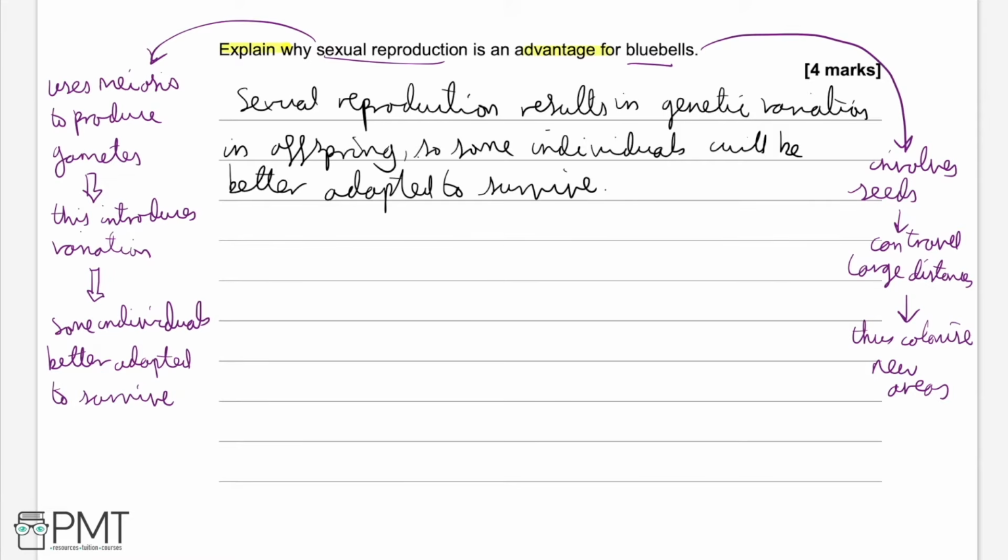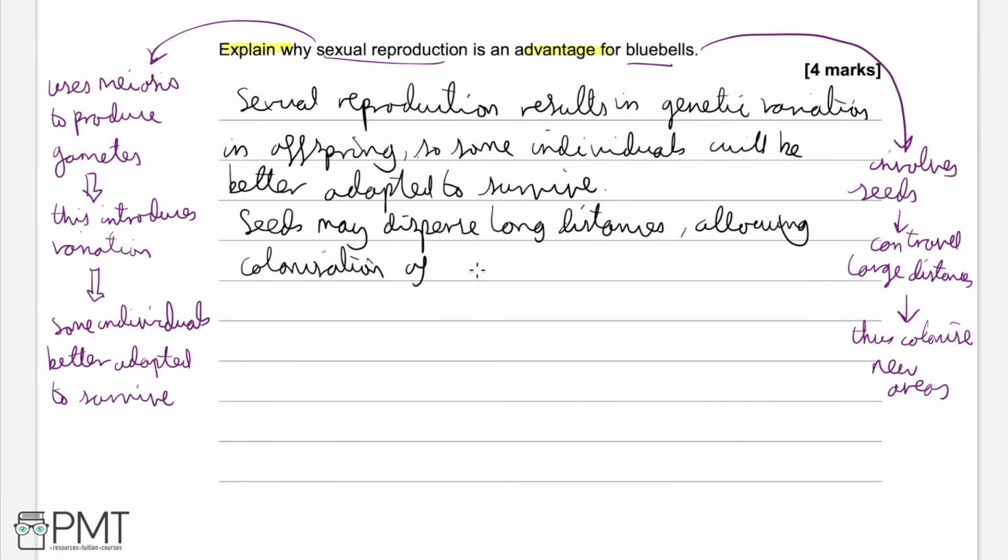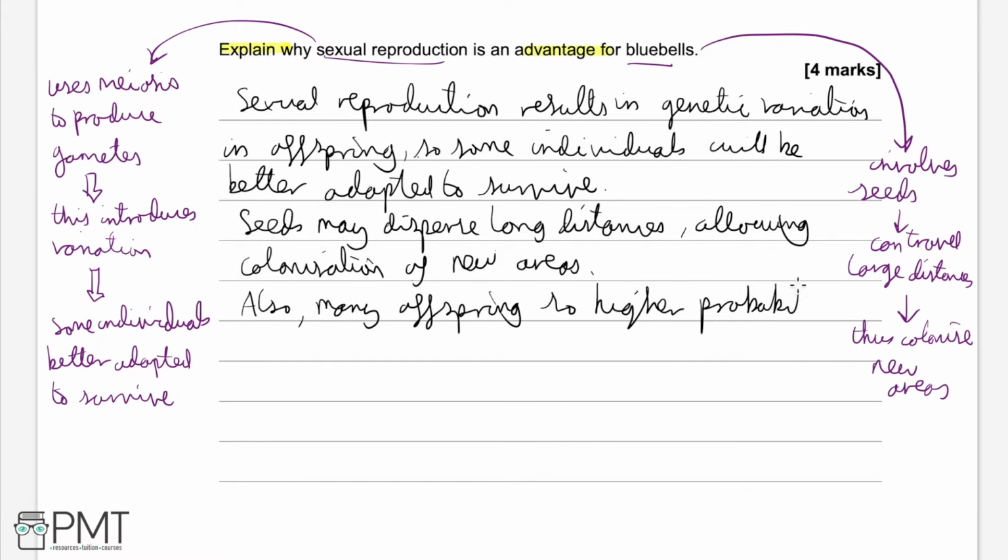Therefore, this dispersal of seeds allows the plant to spread to other areas. So let's write this down. Seeds may disperse long distances, allowing colonization of new areas. Finally, we could also say that many offspring are produced in this process, so there's a higher probability that some will survive.